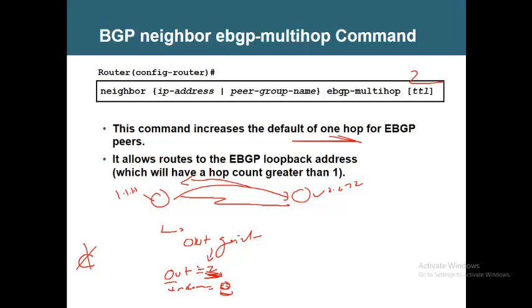Do you know what the outgoing TTL for IBGP is? If you put 0, it won't go outside. 255? Yes, that's right. For IBGP, it is 255. For EBGP, by default, it is 1. But by saying EBGP multi-hop 2, you have increased it.